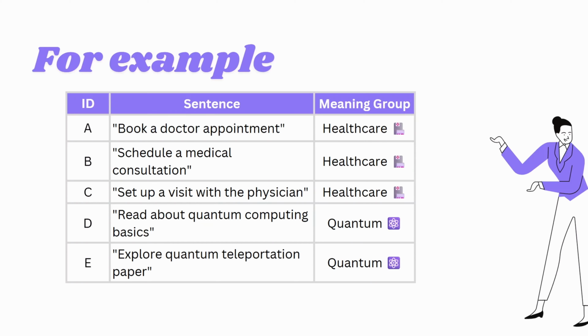Similarly, D and E are part of the quantum group. Even though the actual words are different, the embedding vectors for each sentence are close in vector space because their meanings are similar. When indexing is applied, the vector database will naturally place the similar vectors close together so that retrieval later is fast and accurate.